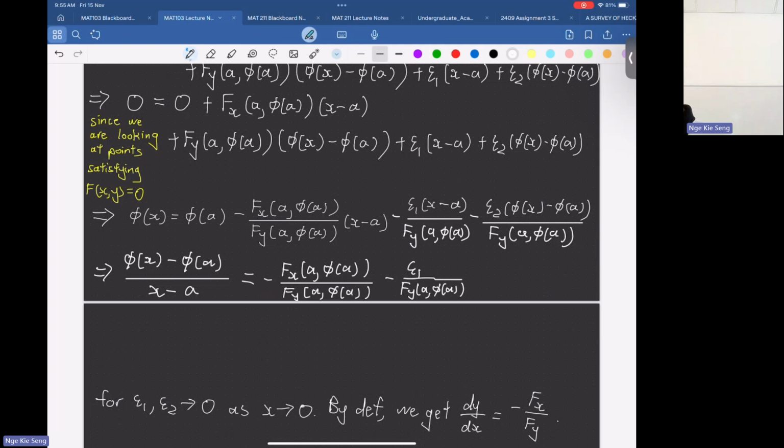And then this one you get this solution if you divide by x minus a.